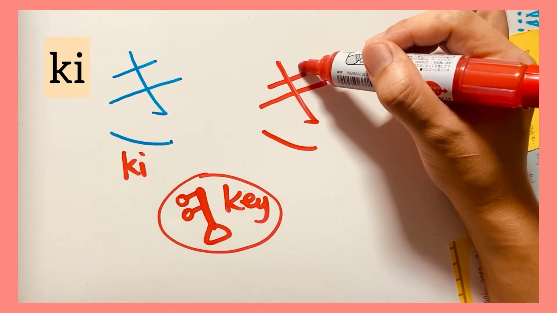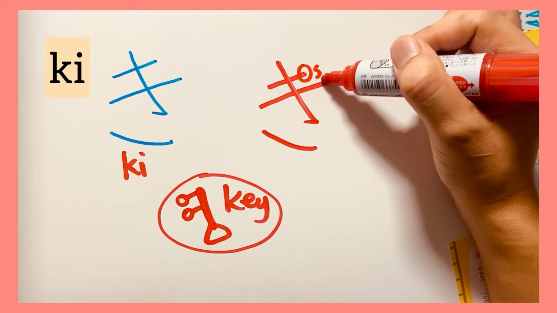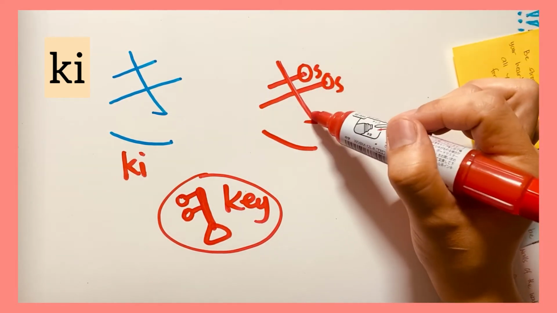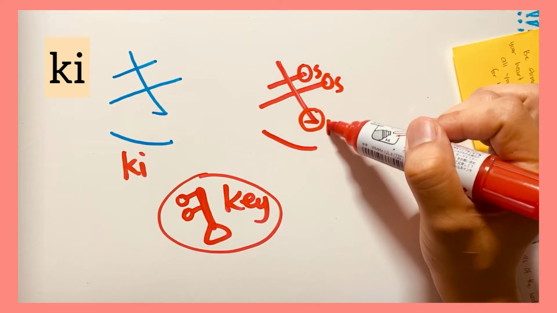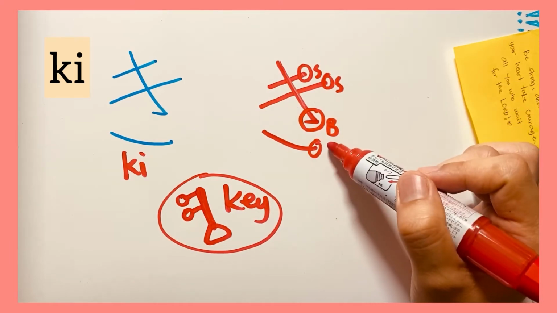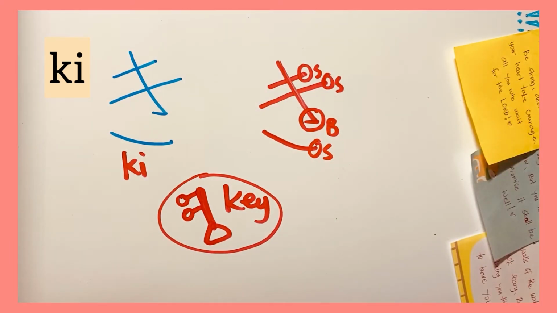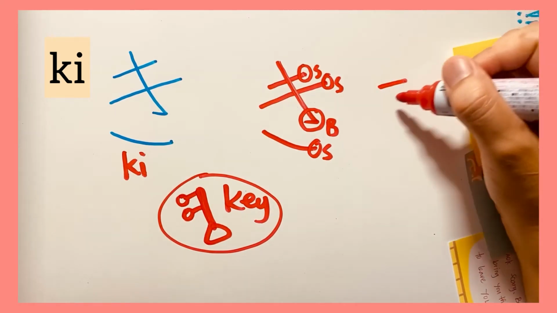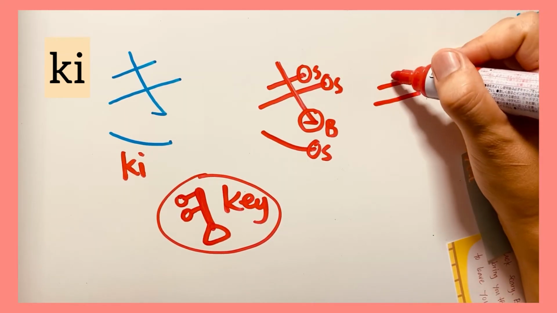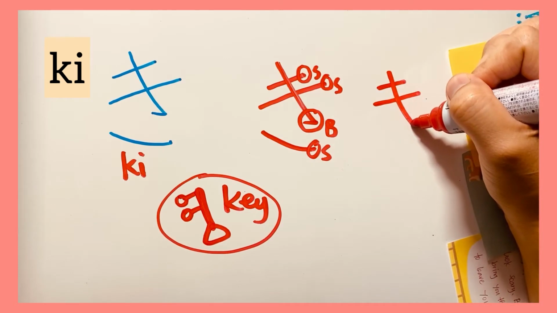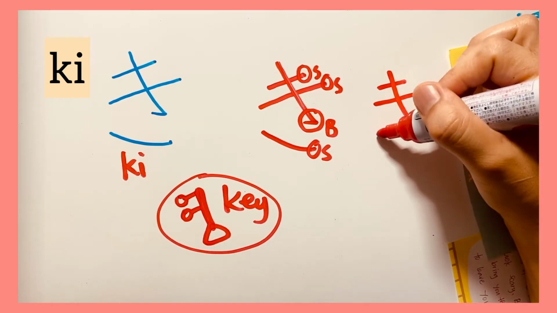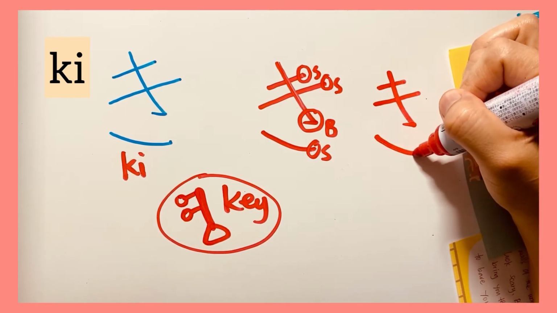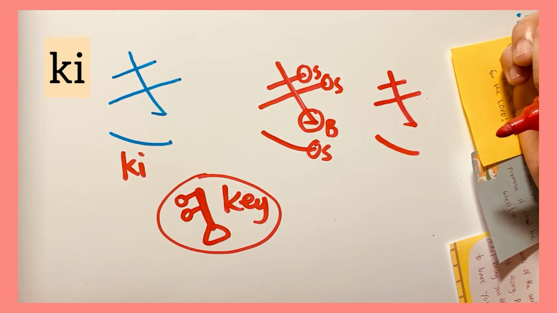So here is stop and stop. This one is brush up and stop. So again, short, long, slightly curved, brush up, and curve again.